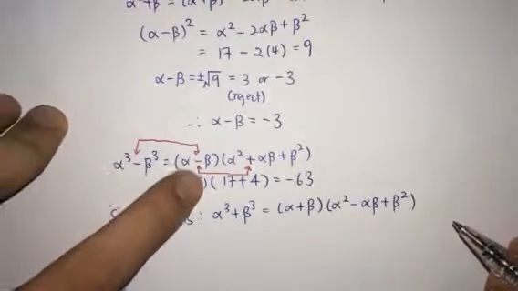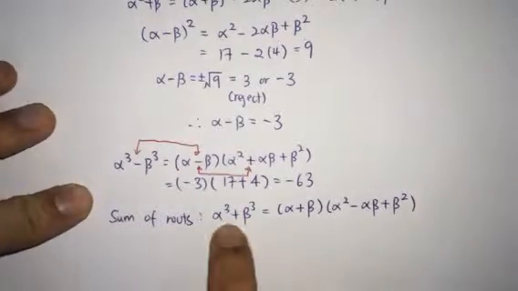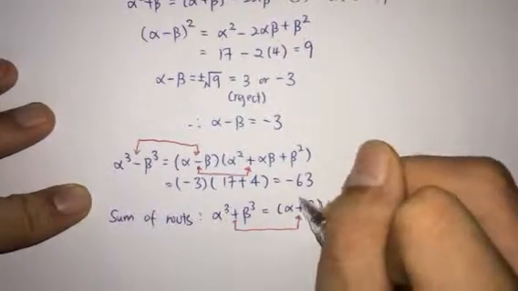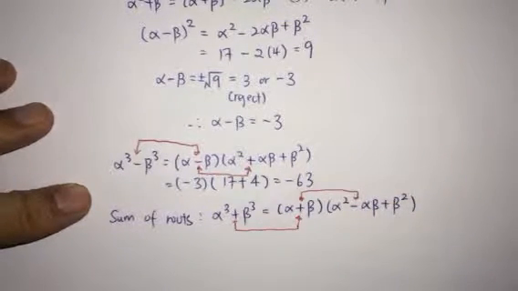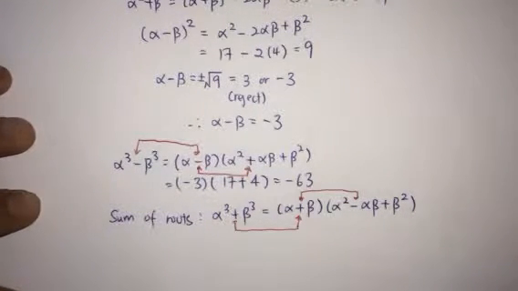If this is minus, this will be plus, and similarly, if this is plus, this will be minus. There's a trick that can help you memorize the sum and difference of cubes.